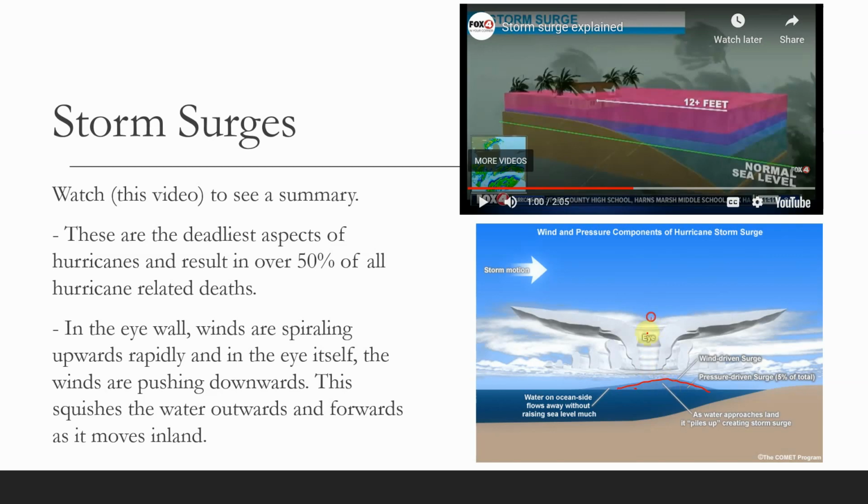Plus you've got the wind moving downwards in here, which ends up pushing the wall of water in front of it. And this whole wall of water, depending on the intensity of the storm, some of them have been recorded as high as 28 feet above the normal sea level, 28 feet higher water. Now this picture here is saying that this purple layer, plus feet, that's going to be this purple layer and blue layer here on this screen, not the top one.